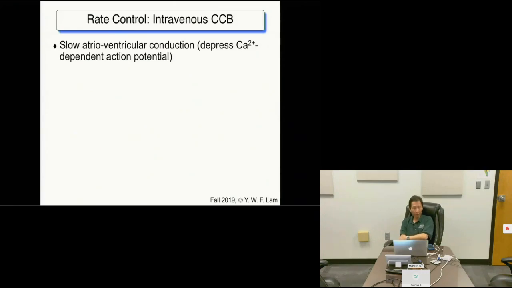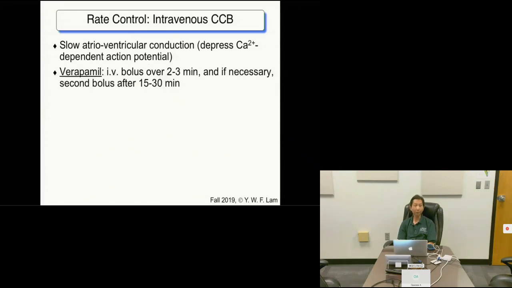The calcium channel blocker is very effective because it produces what we call a direct depressing effect on the atrioventricular node. So it can slow the atrioventricular node conduction pathway, because the action potential within the atrioventricular node is highly dependent on calcium. And that is why the calcium channel blocker is so effective.